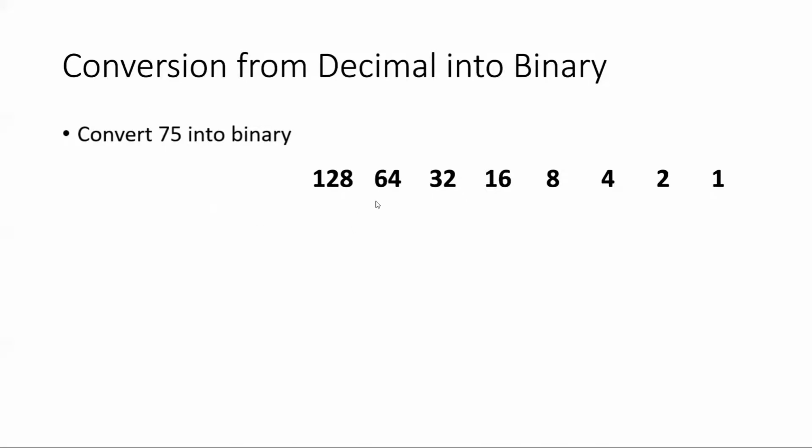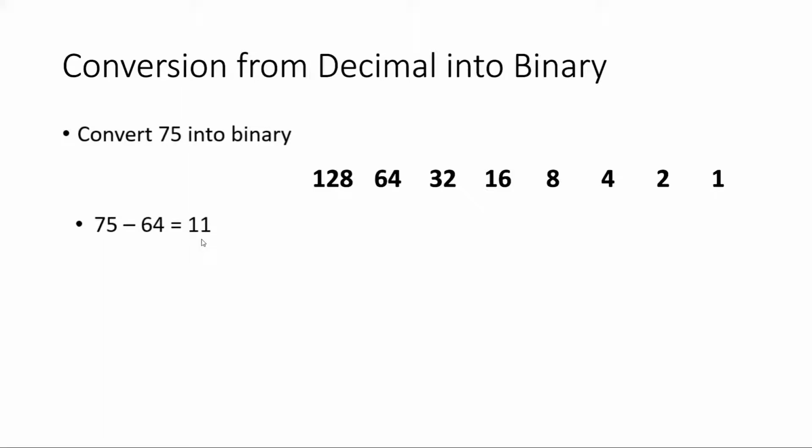The highest number in our list which is under 75 is 64. We pick 64. So this will actually give us one of our bits, or binary digits. We subtract it. So we have 75 minus 64. We obtain 11.